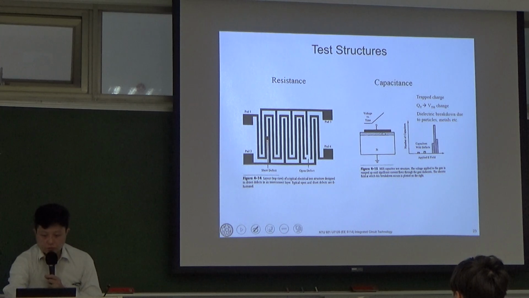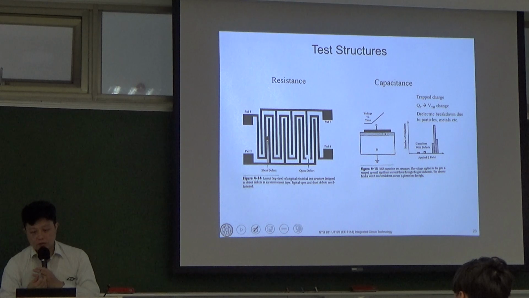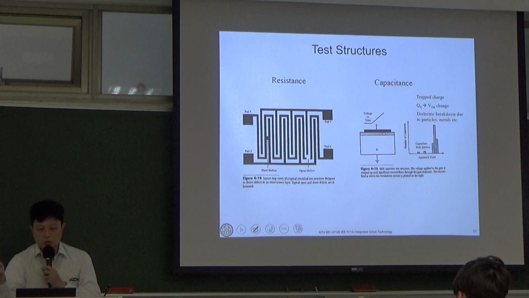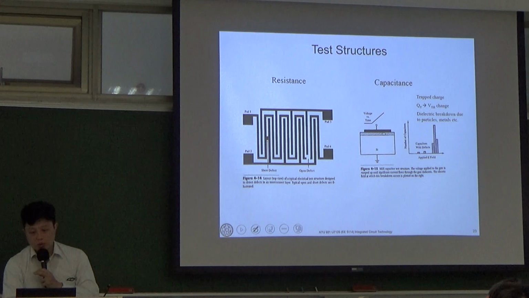And you can also create a test structure like a MOSFET capacitor structure. If you have defects in your dielectric film, that will create some trapped charge inside, and then you will change your threshold voltage. And also, they will cause you to break down earlier.